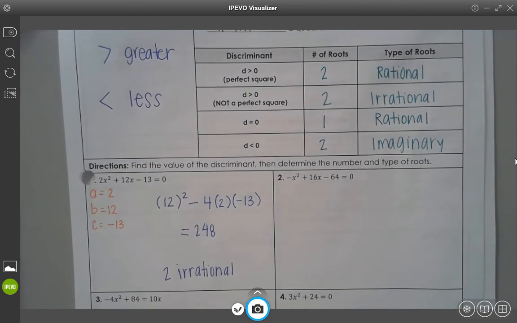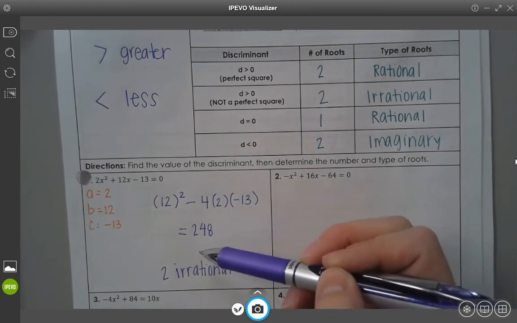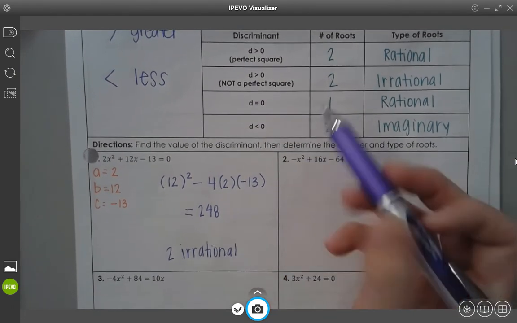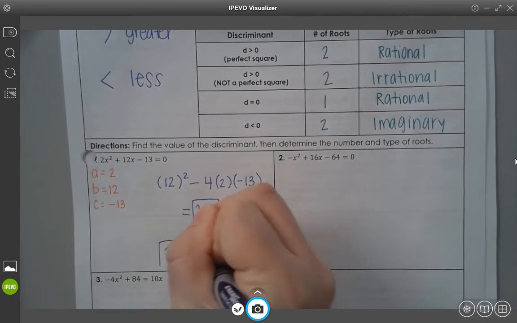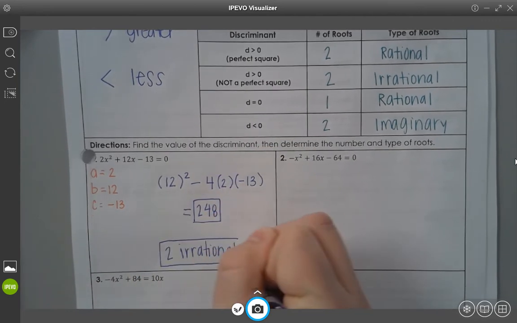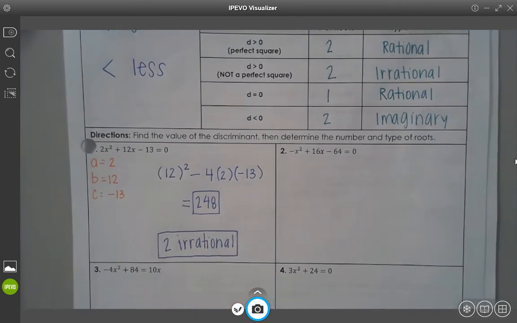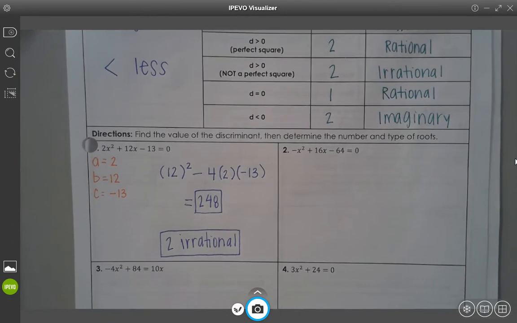You can just put 2 irrational. That's the answer. Well, if it asks for the discriminant, that's this number. And then if it asks for the type of x-intercepts, it's this one. So either one, they're both kind of the answer. It's like a 2-part.